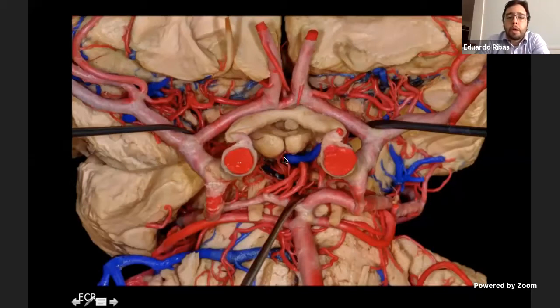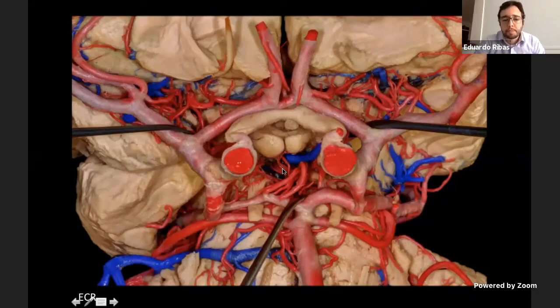Opposed to the posterior perforated substance that is perforated by the thalamoperforating arteries.